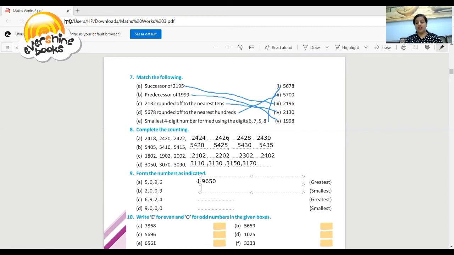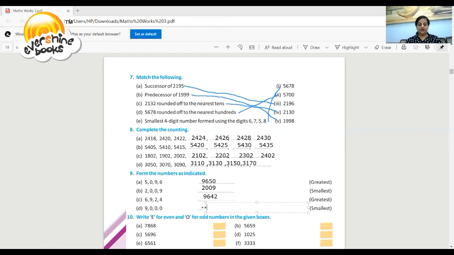After that, 2009 is given and we have to make the smallest number, and it is the smallest number because 2009 is the smallest of all. It is already written like this. Now the greatest number: we will put 9, then 6, then 4, then 2. 9642 is the greatest of all.